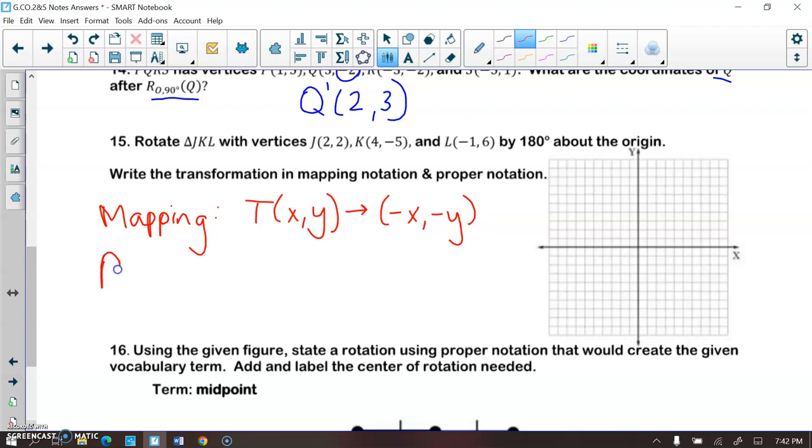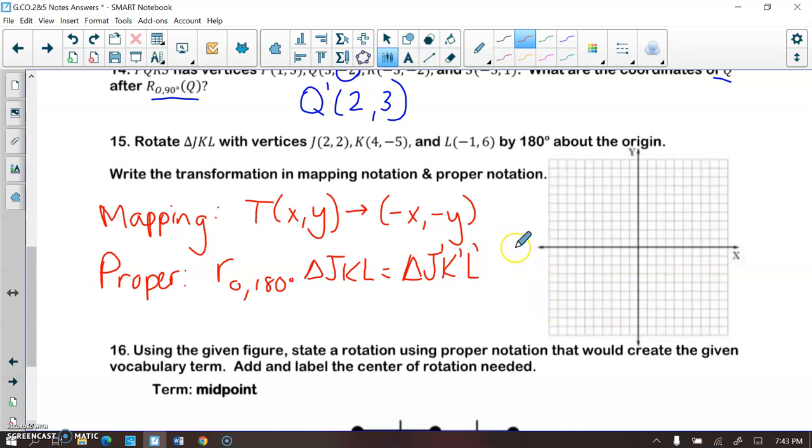And so then in proper notation, we can do lowercase r, capital R, does not matter. This is a rotation around the origin of 180 degrees. And since there's 3 vertices, that's triangle JKL. And we will get triangle J prime, K prime, L prime.